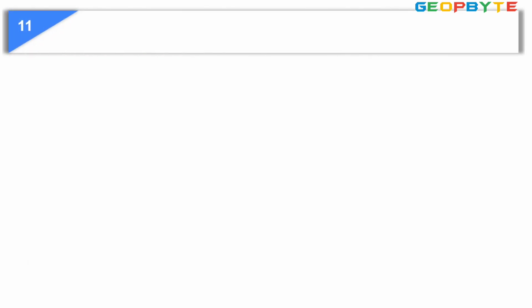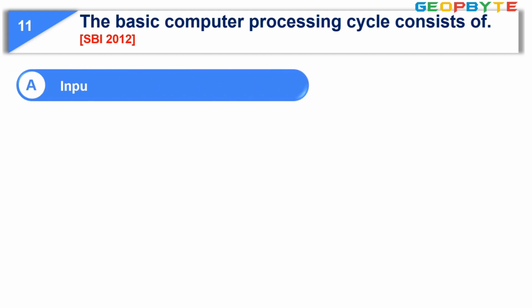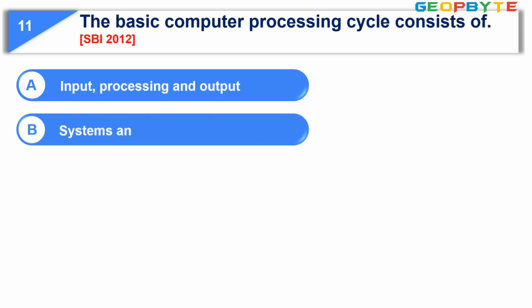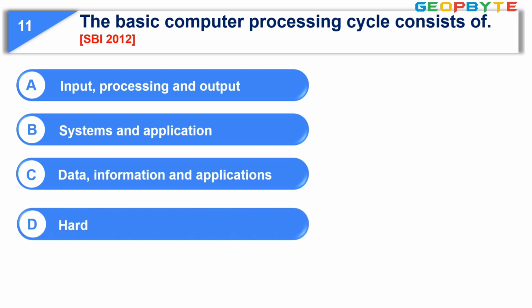Moving to question number 11. The basic computer processing cycle consists of: option A, input, processing and output. Option B, systems and application. Option C, data, information and applications.